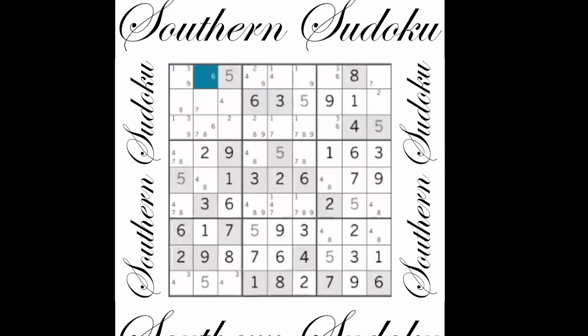So that would be a 6. Make that one a 3. These two would be 1, 9. So that one would have to be a 4. Which makes that one the 2.